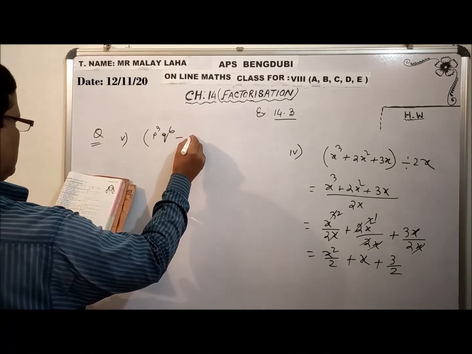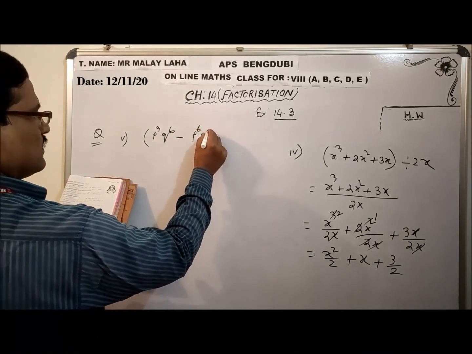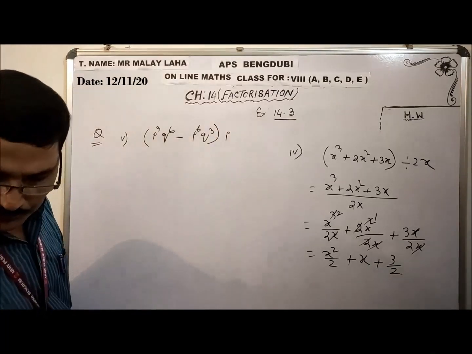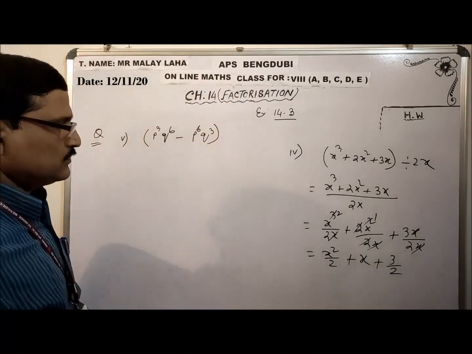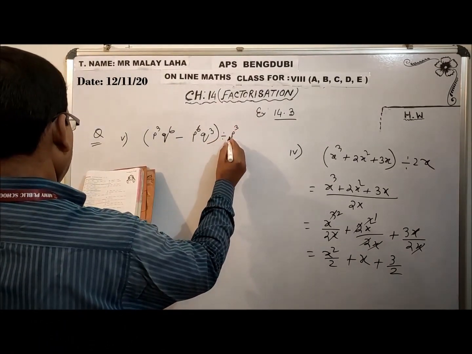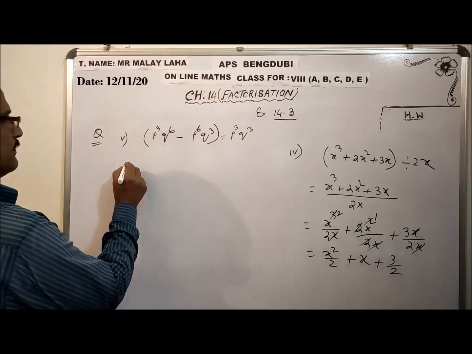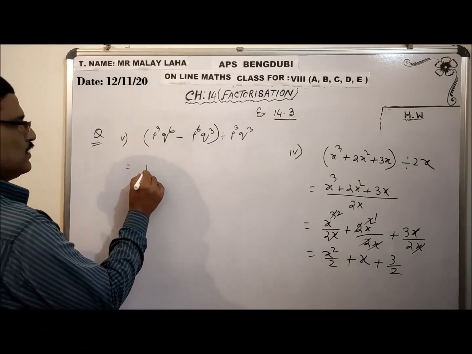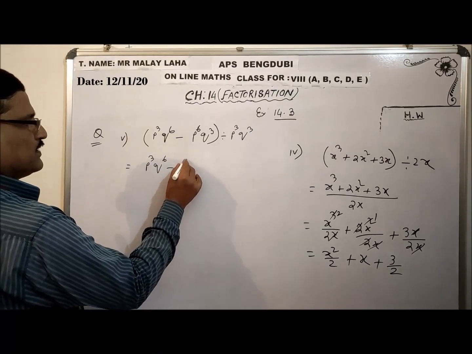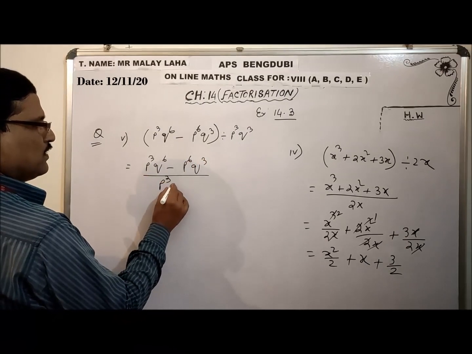Q6 minus P6, divided by PQ, Q3 divided by PQ QQ. P raised to 3, Q raised to 3. Same, first you write down in division form: PQ Q6 minus P6 QQ by PQ QQ.